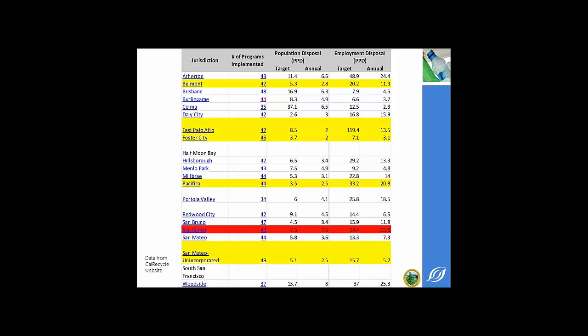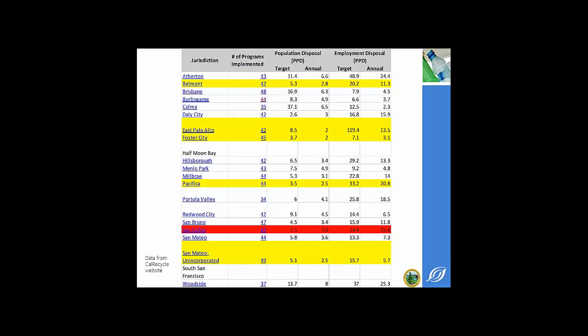This is a look at some of the actual cities within the county and how they're doing. You can see the various pounds per day disposal on the population throughout the communities. The ones in yellow have all reached their targets. Each city within the state of California has a target established by the state for pounds per day disposal of the population, and the state monitors that constantly.